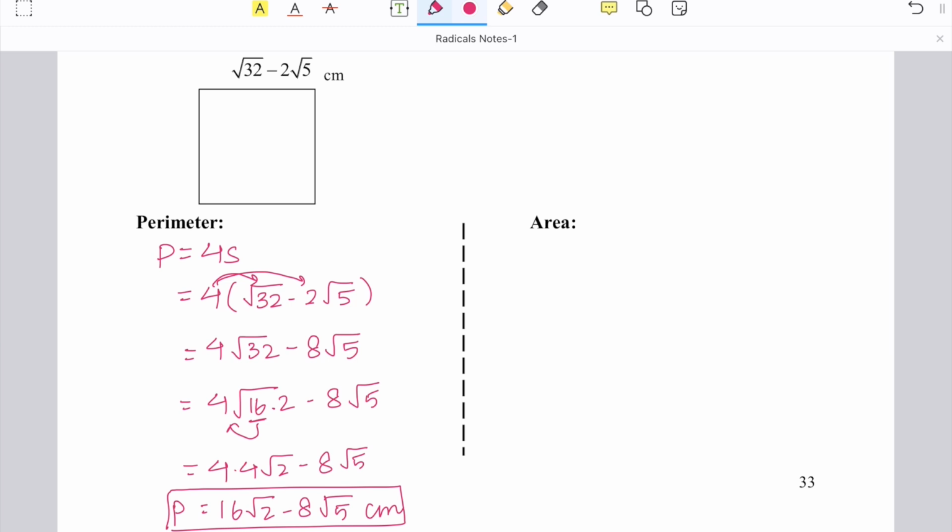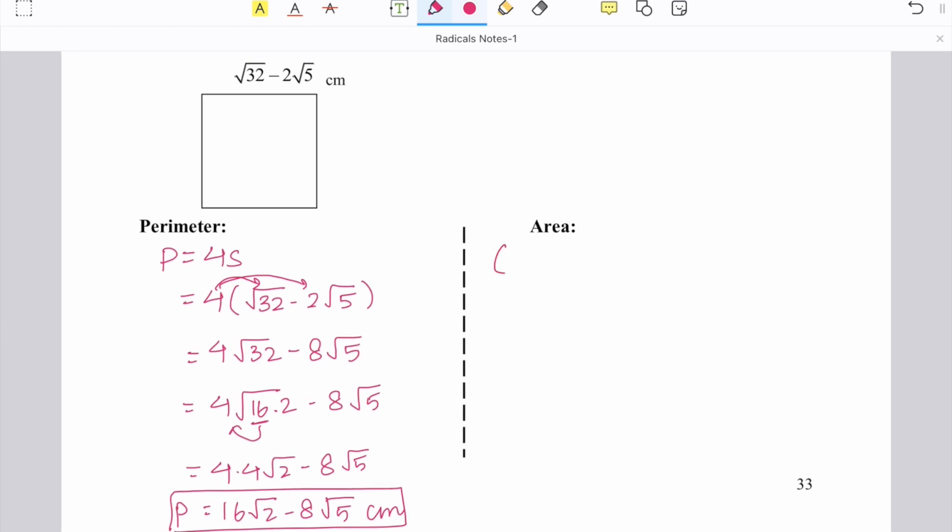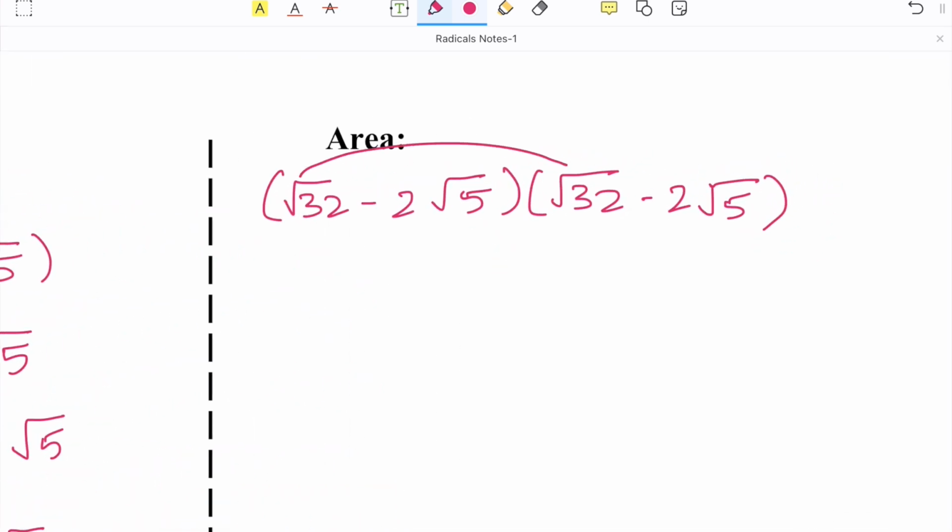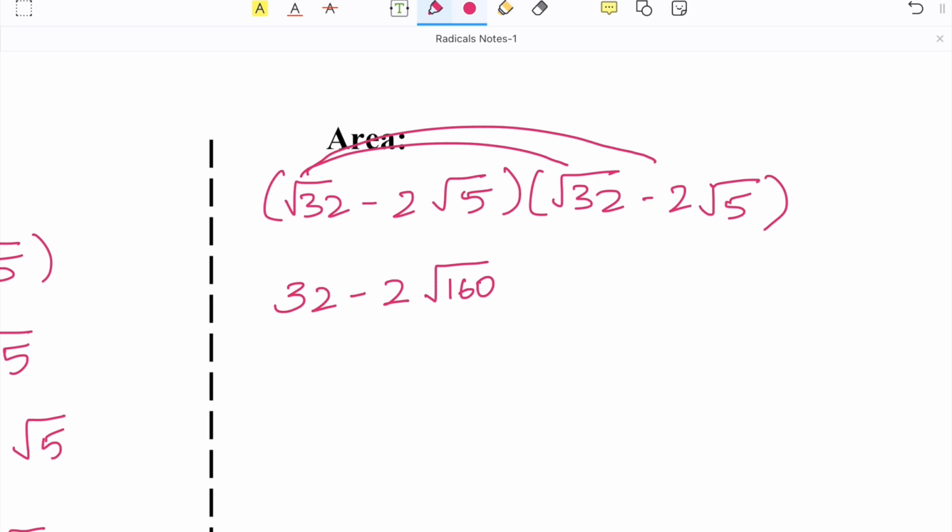For area, it's going to be just the side times side. So root 32 times root 32 is 32 minus 2 times root 5 times root 32, which is 2 root 160, minus 2 root 5 times root 32, which is 2 root 160 again.